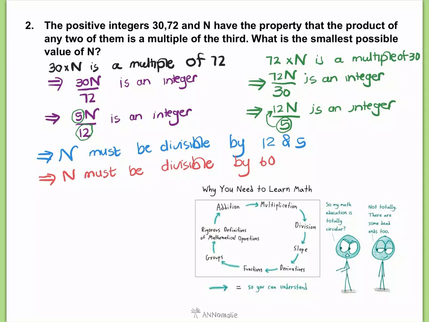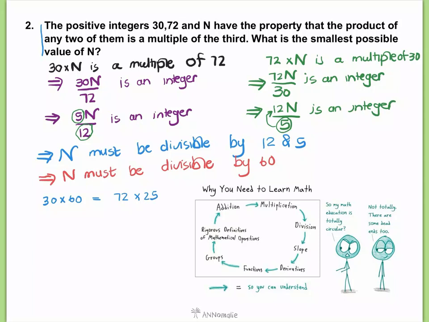So we're now going to check whether this will make this true. If I take 30 times 60, that's equal to 72 times 25.